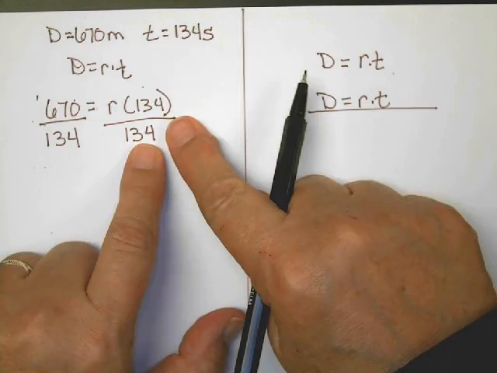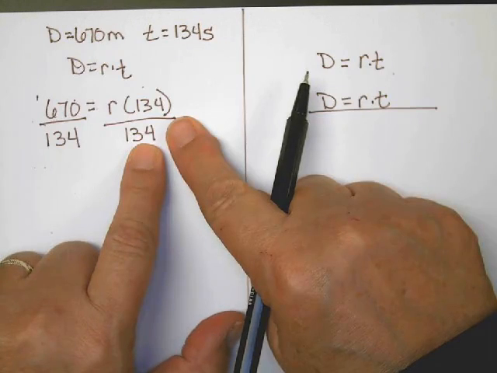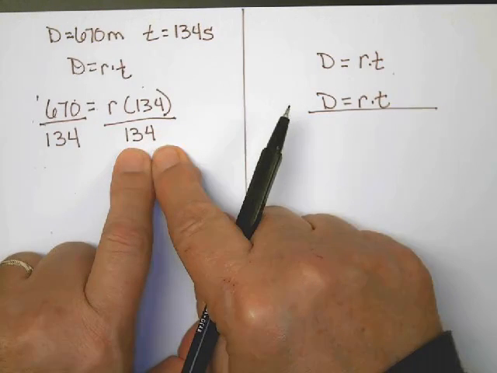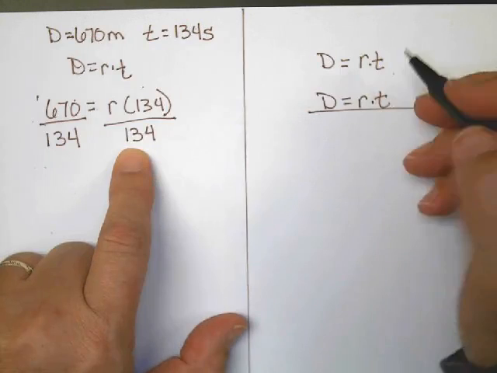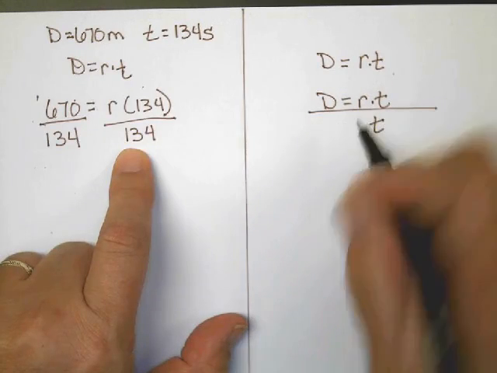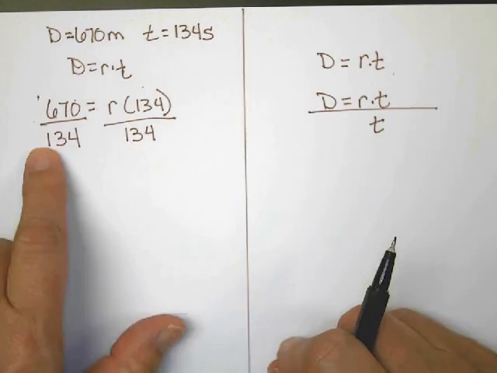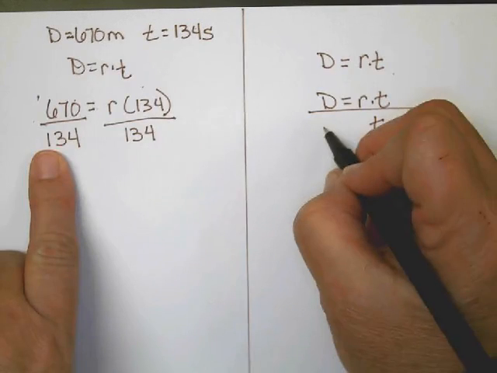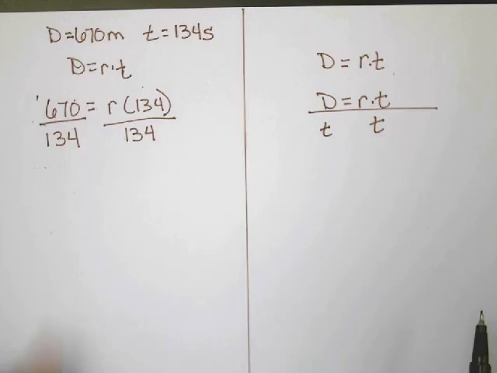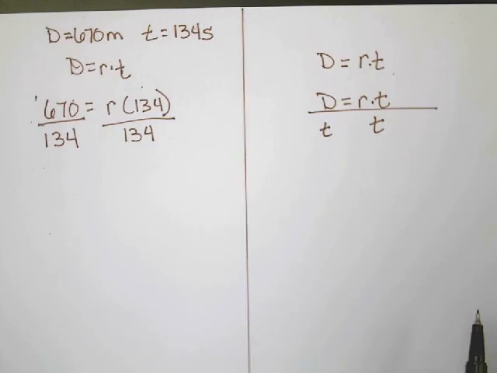Since 134 was T, I actually divided by T over here. So if I divide by T there, I divided by T on the other side, because 134 was my T.